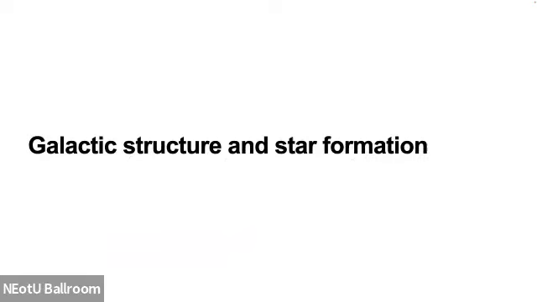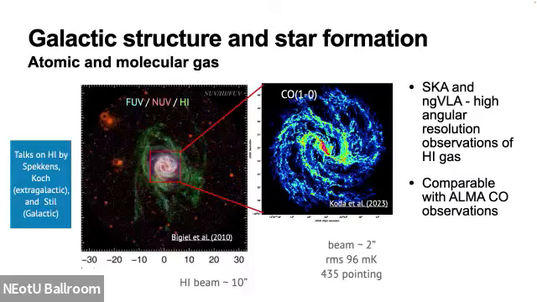Okay, let's look at the real astrophysical sources. Many of you are probably interested in the distribution of atomic hydrogen and carbon monoxide, which traces molecular gas. I think there is a poster also about this.